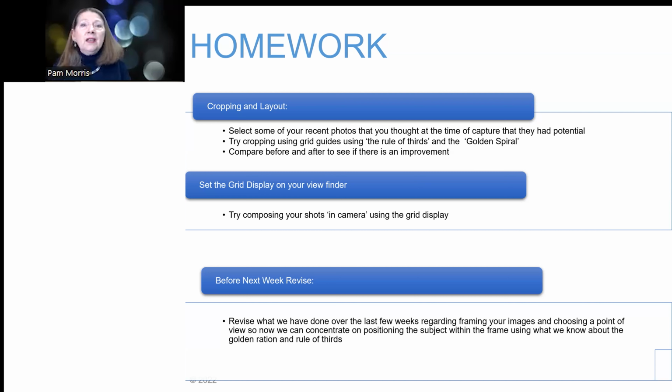Revise what we've done in the last few weeks with respect to framing, because in the last few weeks we've talked about whether you use a horizontal or a vertical framing for your images, and the different perspectives that you can get using both the lens length and also the point of view that you take, whether you shoot up or shoot down. So combining all of that, I'm expecting to see the output within next week's work.